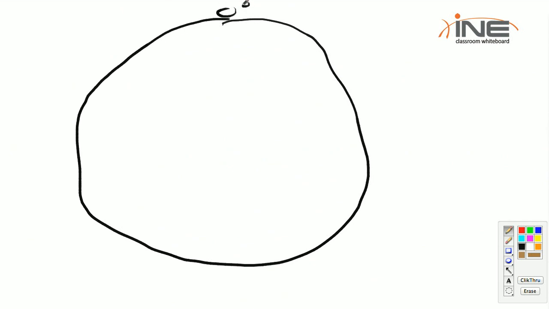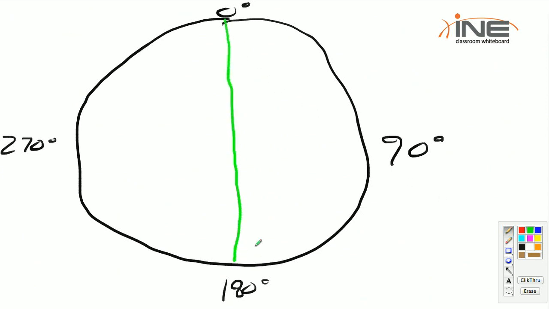I've got 0 degrees right here, 90 degrees, 180 degrees, 270 degrees. If I cut this in half, I've got a binary way of shifting that phase. So I'm shifting it by 180 degrees either way.